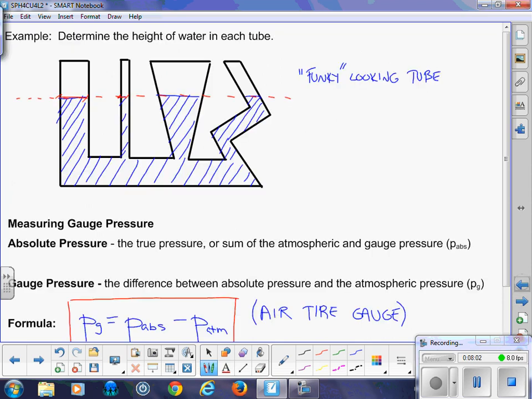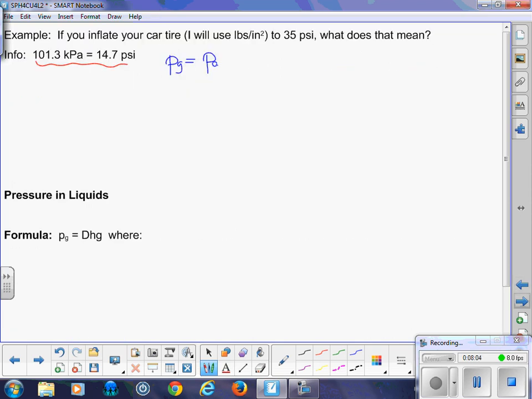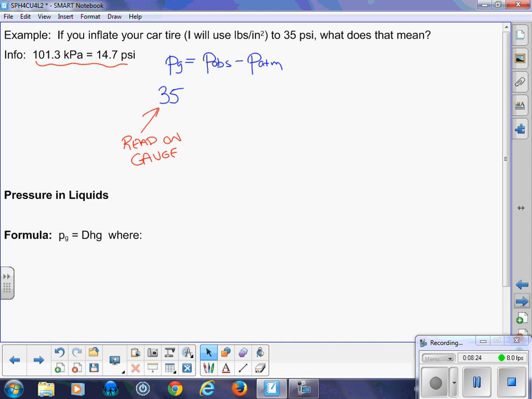I'm just using the formula from this page right here. So what's happening is that the 35 is what you're reading on the gauge. The way your gauge is calculating is your absolute pressure minus the 14.7. So it's doing a conversion here.